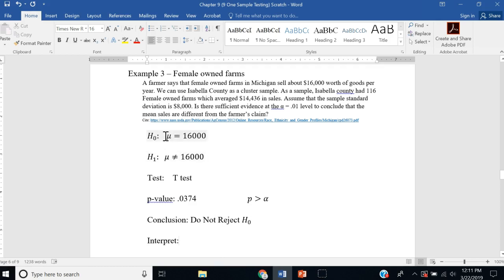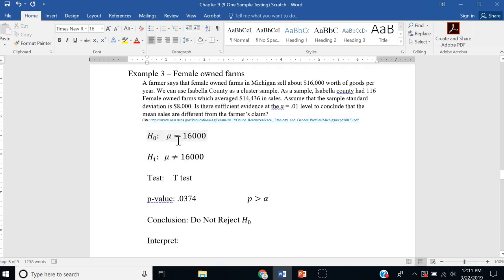Now, if we don't reject this, we're saying that this could be true. So this is okay. How would we interpret a statement like that? Now I know what you'd want to do. Like previously, we just read it off.